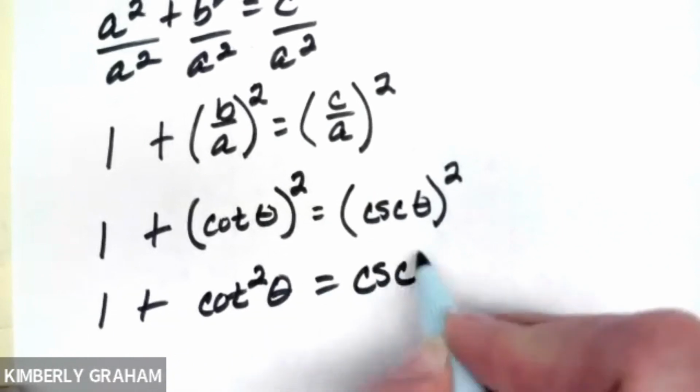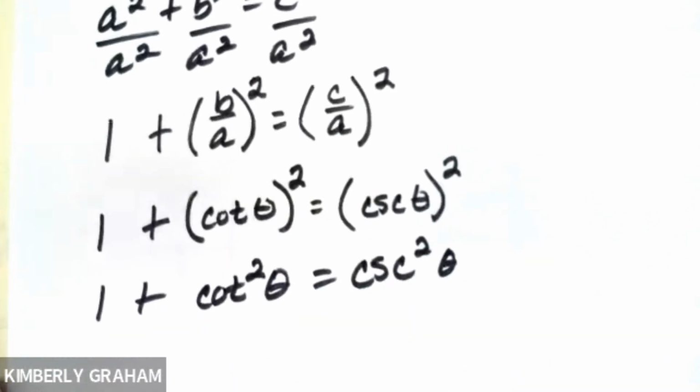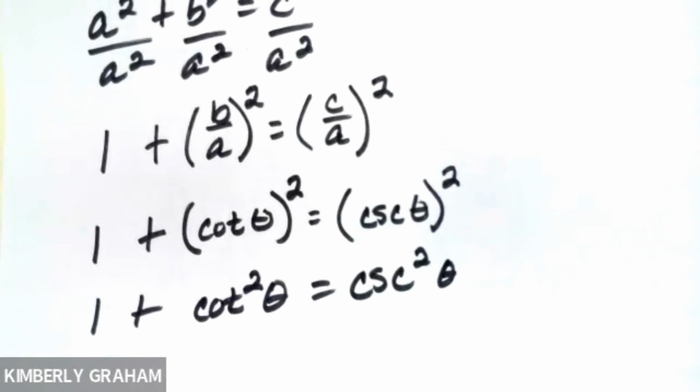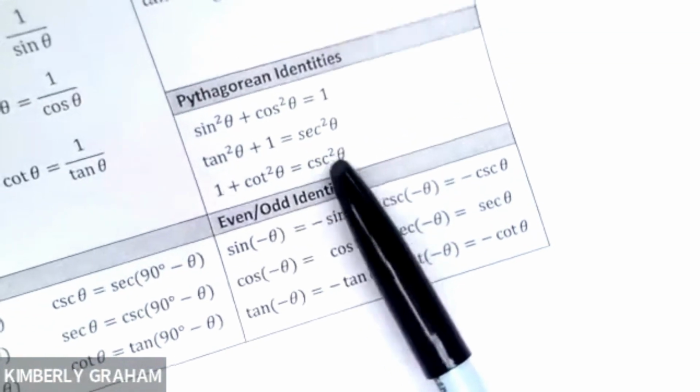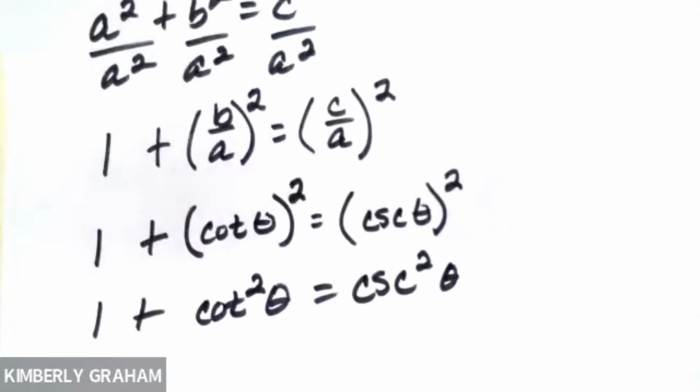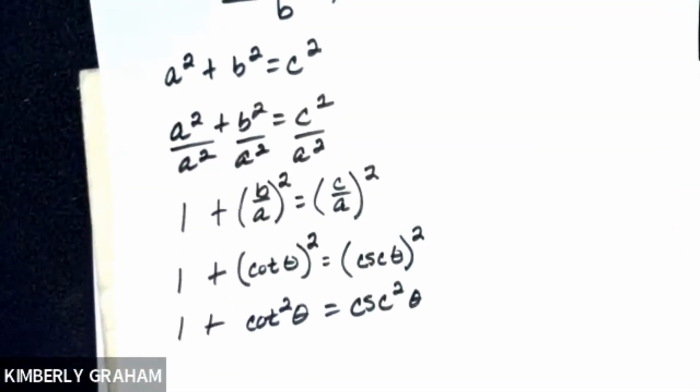This is cosecant squared theta. And that is that last Pythagorean identity. So we started off with the Pythagorean theorem, divided by A squared, and then just used our trig definitions to substitute in and simplify to get it in the right format.